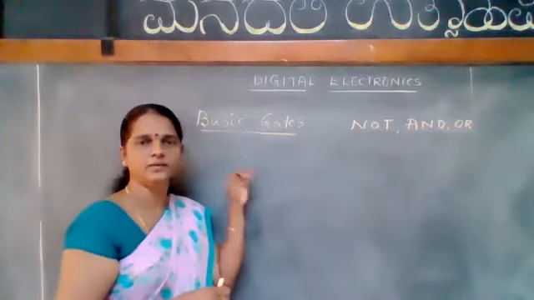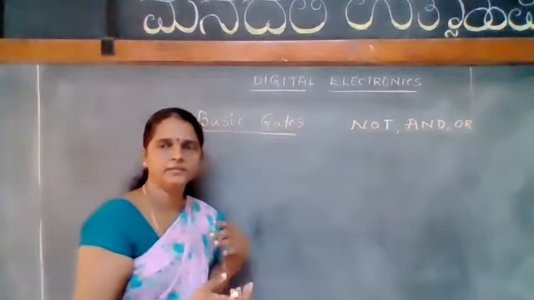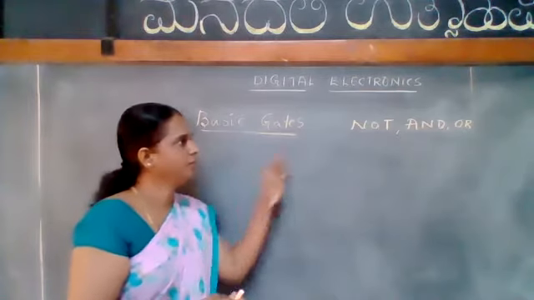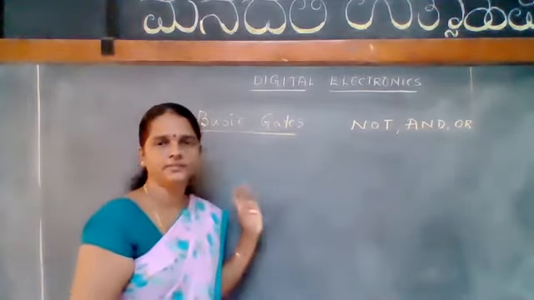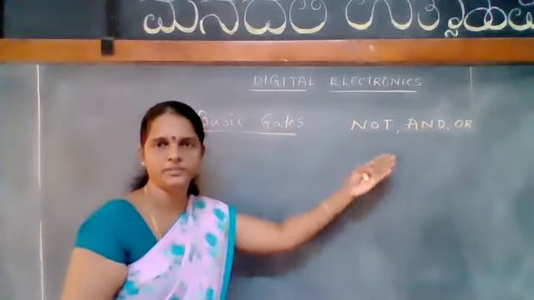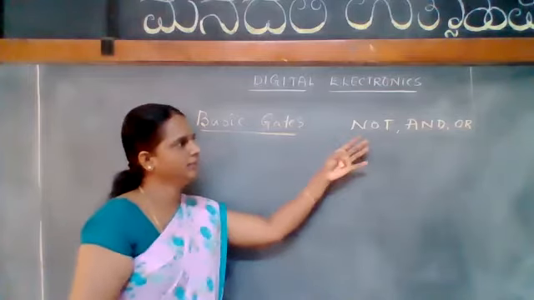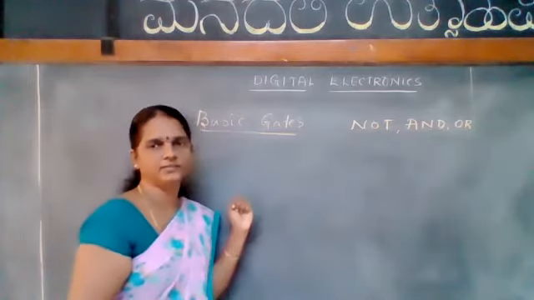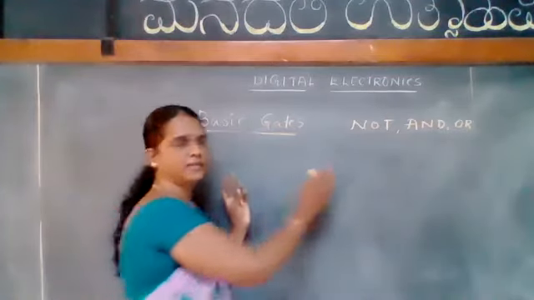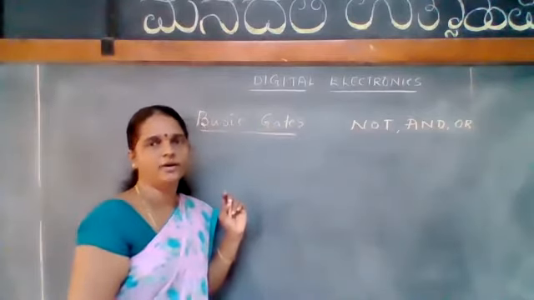They are the main components of any gate. In different manners, these basic electrical components are connected to perform different digital operations like inverting operation, ANDing operation, and ORing operation. Later on, we'll see in detail what is this ANDing, ORing, etc. So the first three basic gates are NOT gate, AND gate, and OR gate.